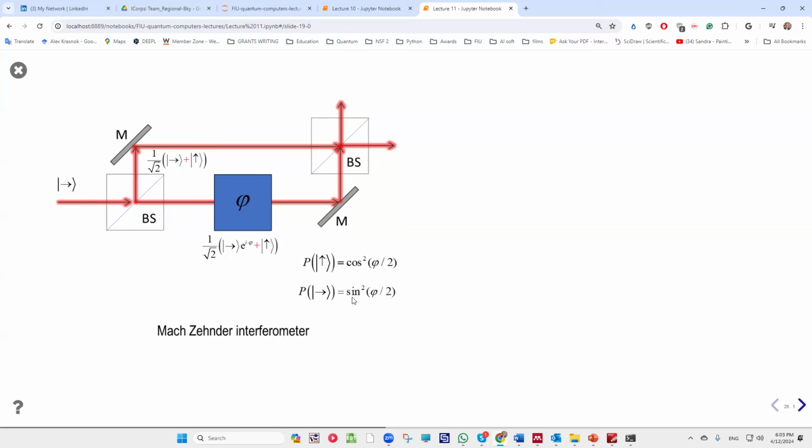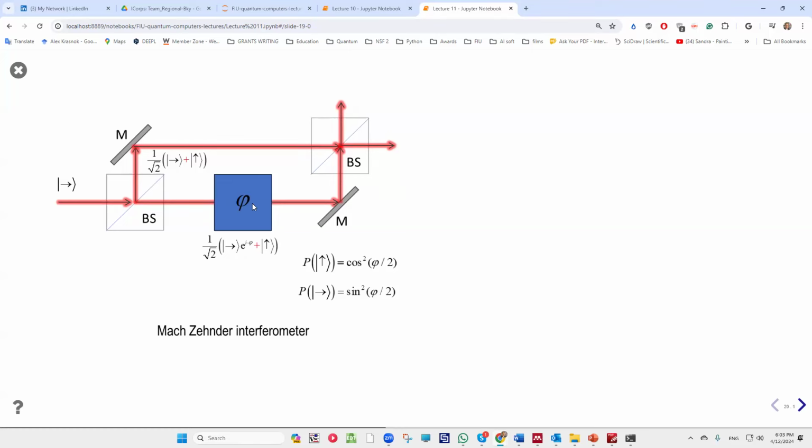So this result also means that if you set this phi to 0, if you remove this gate, right, you will get a photon going upward with 100%.